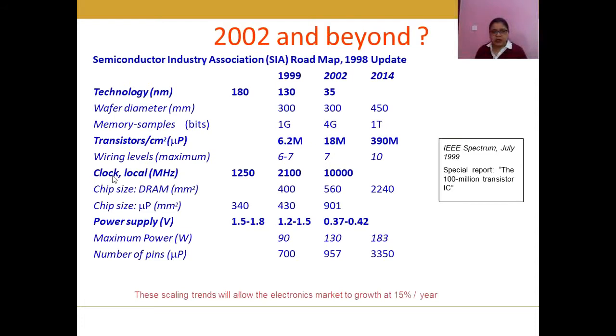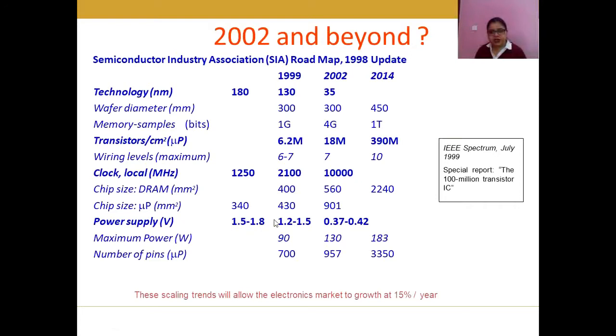Similarly with the local clock frequency, even in 1998 hardly it was 1250 megahertz, but coming to the start of the 21st century, we come to 10,000 megahertz, nearly 10 times improved within only 4 years.